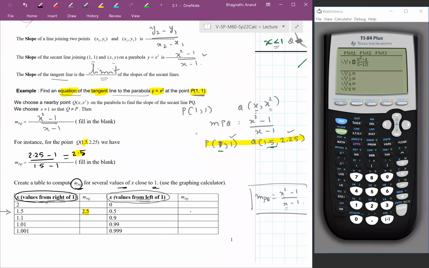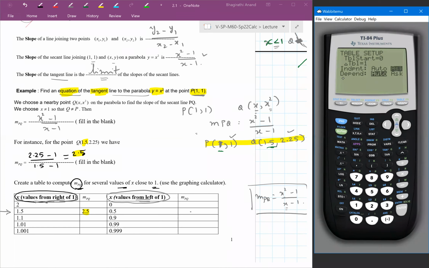So let's use the table feature. Before you do so, you hit second and window, which is table set. Here you make your independent variable ask, which means that you can plug in any value for x. Otherwise, the table will automatically be created for you, which you don't want. You want the table created for specific values that you input for x.